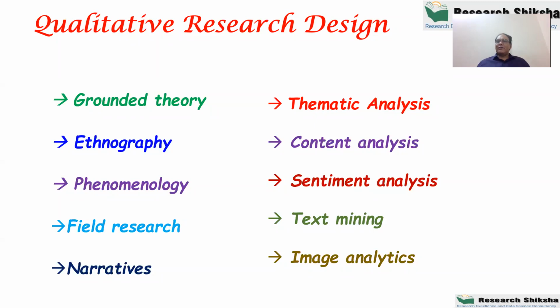Dhirubhai Ambani had two sons, so he divided the business into two groups. Similarly, it is found that the number of diversifications in a company depends upon how many children they have, right? So if you observe these kinds of things and you want to prove it, this is called the grounded theory approach. And then we have ethnography.